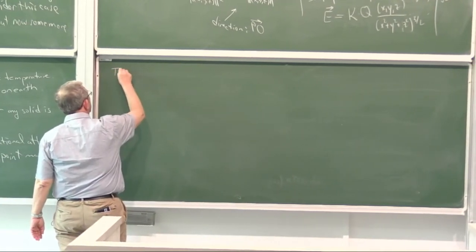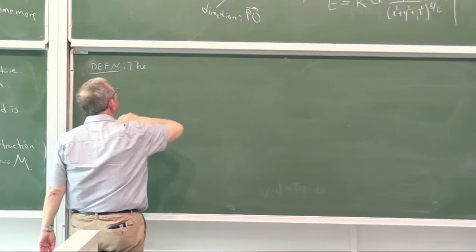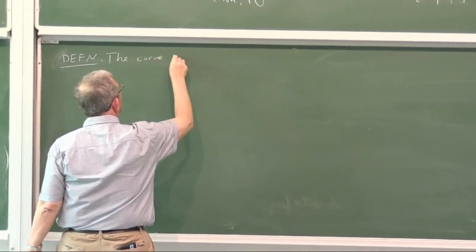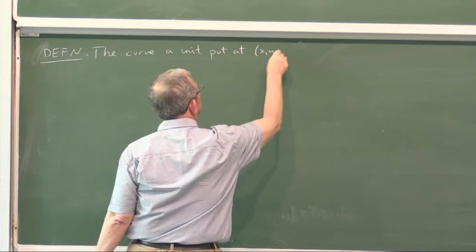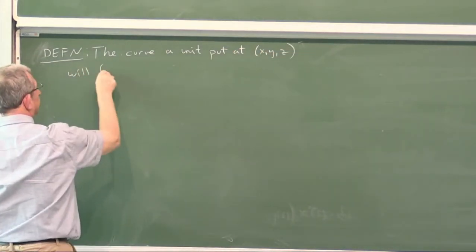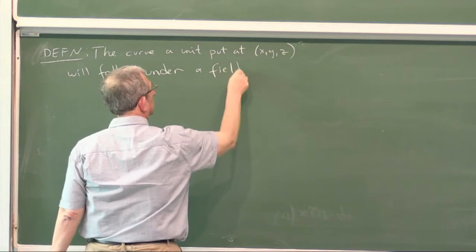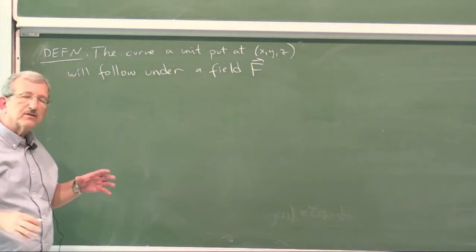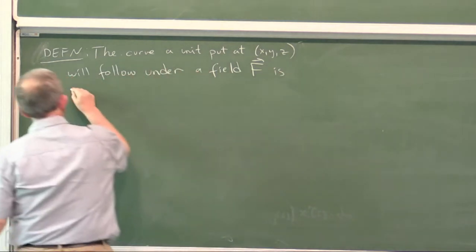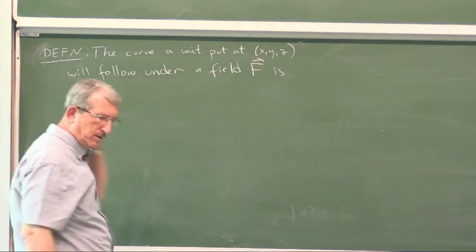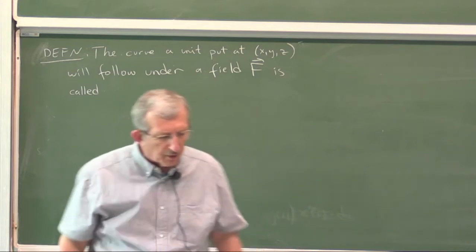So, as a definition, the curve a unit mass put at (x, y, z) will follow under a field F, where we take this field always as a force which acts on it, is called, well, the formal name, an integral curve or a trajectory of a force field.